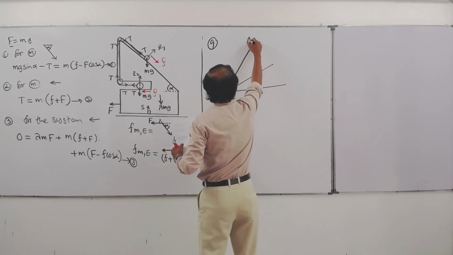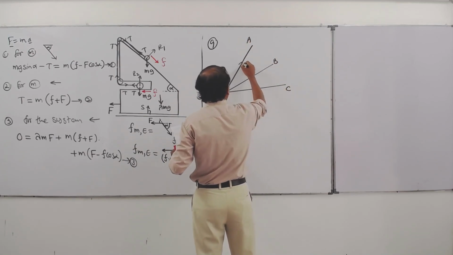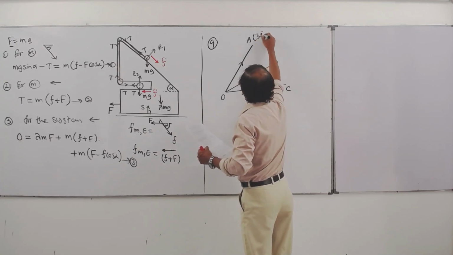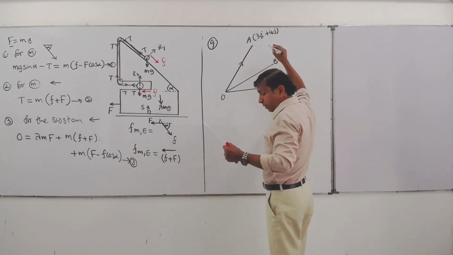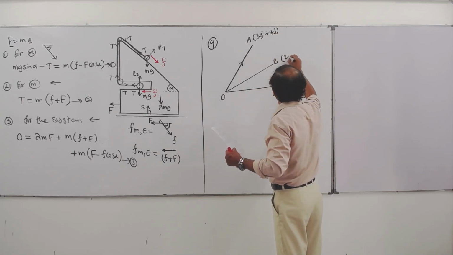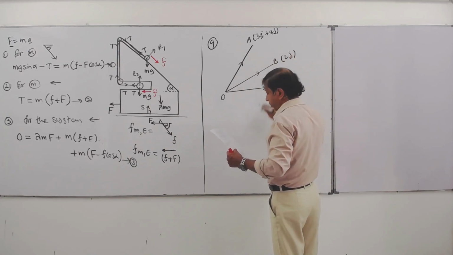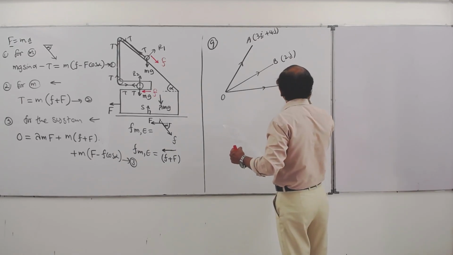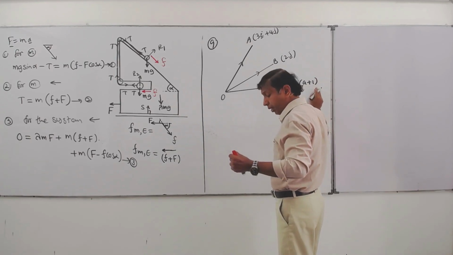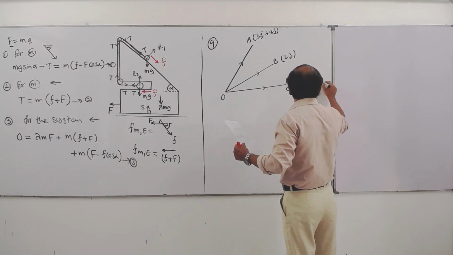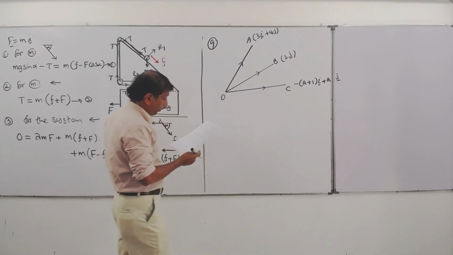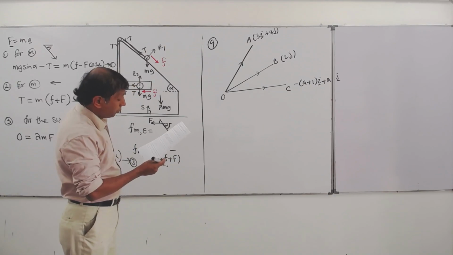O here, A here, B here, C here. OA vector is given as 3i plus 4j. OB vector is 2j. OC vector is given as minus (a plus 1) i plus a j.